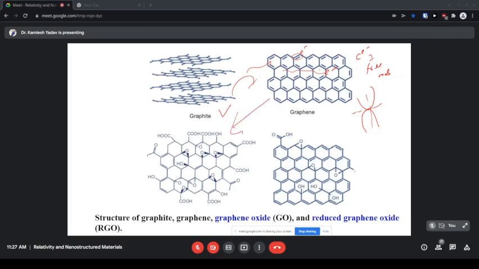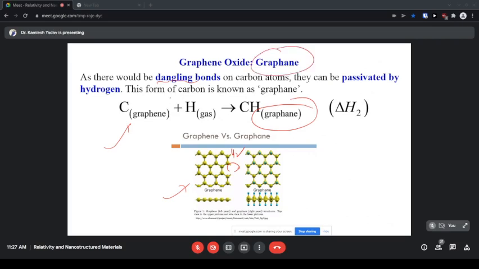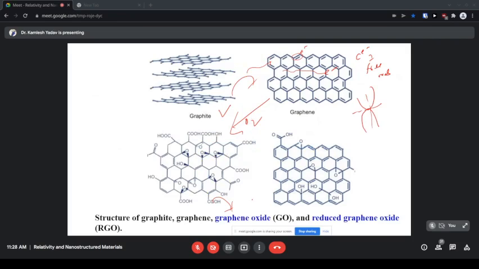For example, we can take graphene and add oxygen, that is, we oxidize it. This is known as graphene oxide. If you attach oxygen to graphene, then this is known as graphene oxide, and here there will be some band gap.